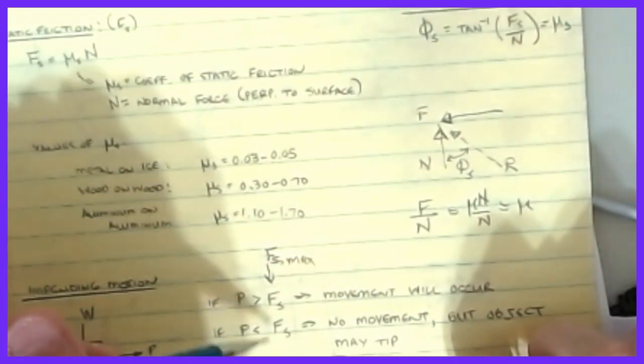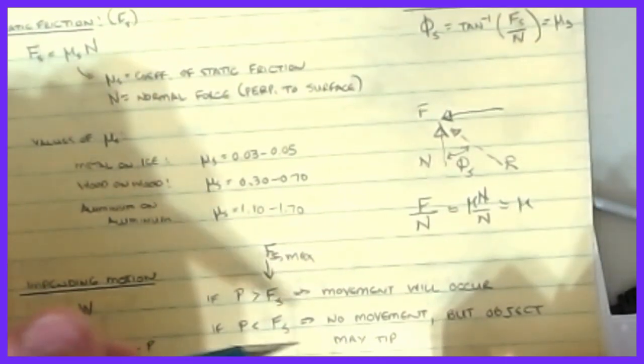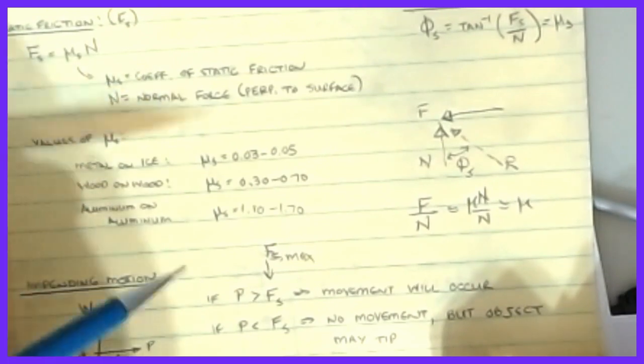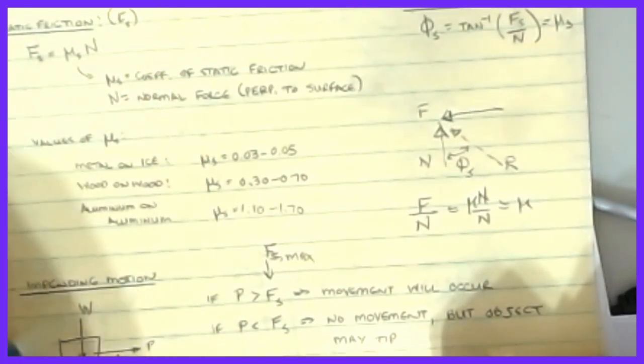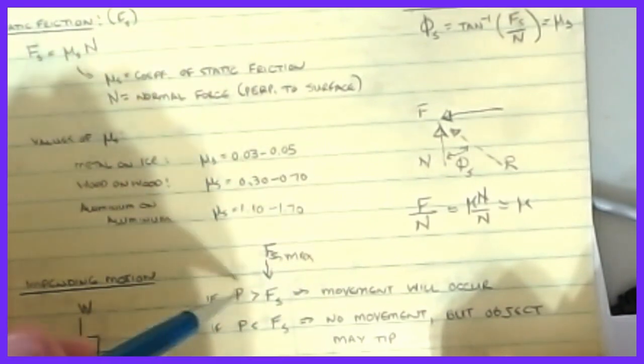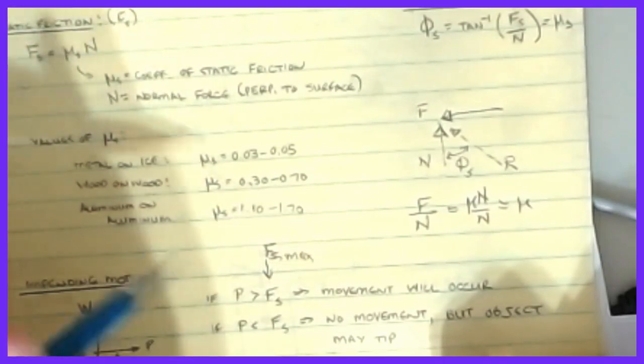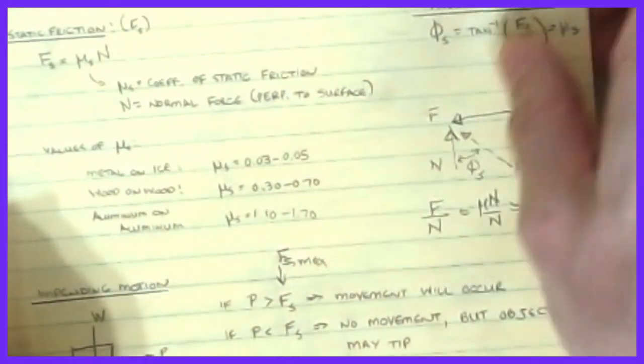Okay, and if my P is less than this amount, then no movement will occur. Okay, but we could still get a tipping phenomenon. Again, I'll show you that here in a second. All right, but that's the premise of what impending motion is, and this becomes the logic. It's an inequality: if P is greater than Fs max it moves, and if P is less than Fs max it doesn't. And that will be where we're going with this.